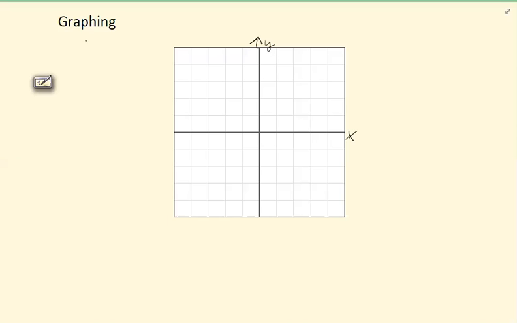Okay, one more example here. We're going to try to graph this. Notice it doesn't have a y in it. This is an equation with no y.